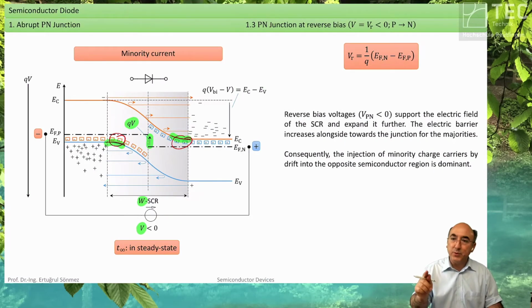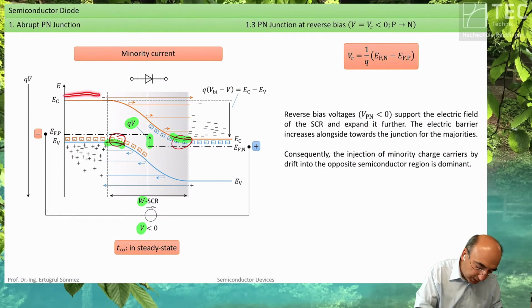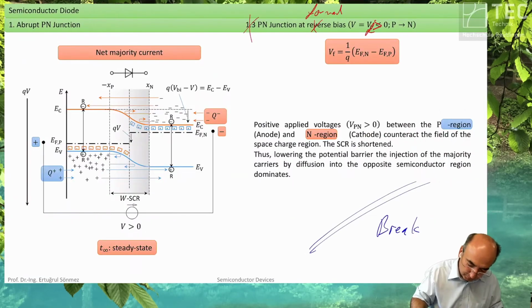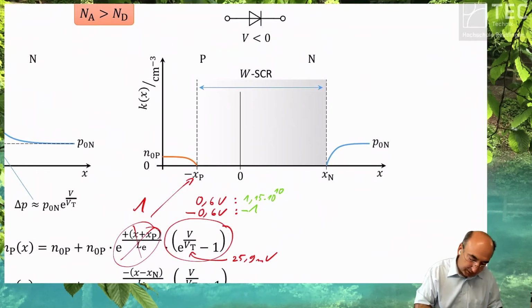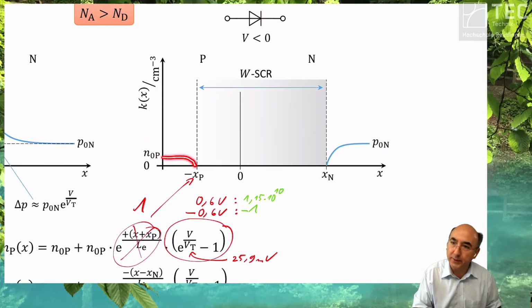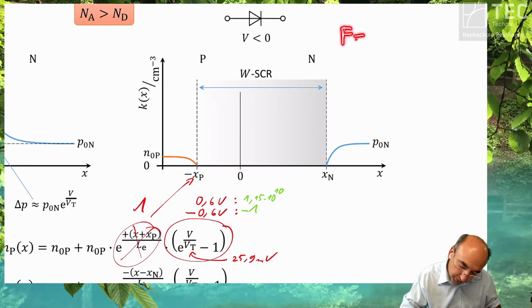Therefore, if you reverse bias, you have a certain current. What is current? A flow of electrons. What is a flow?